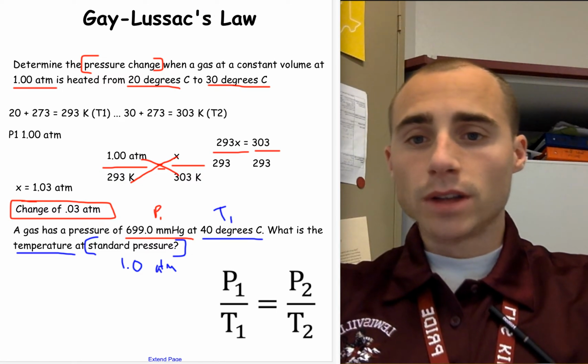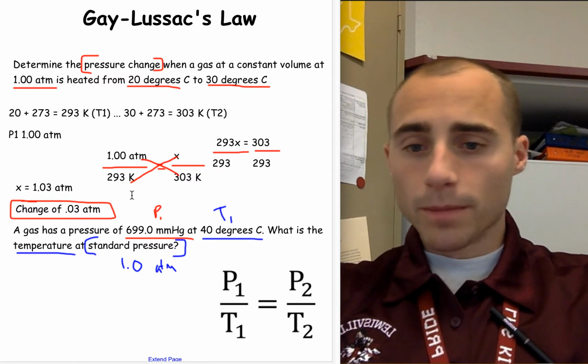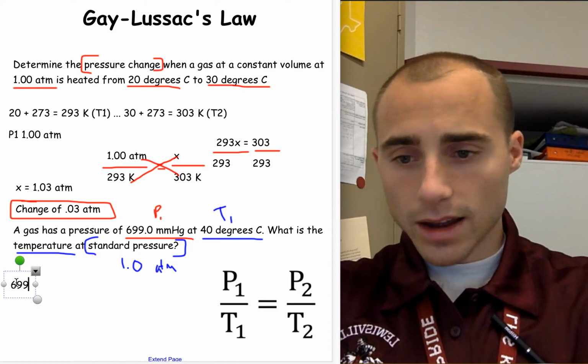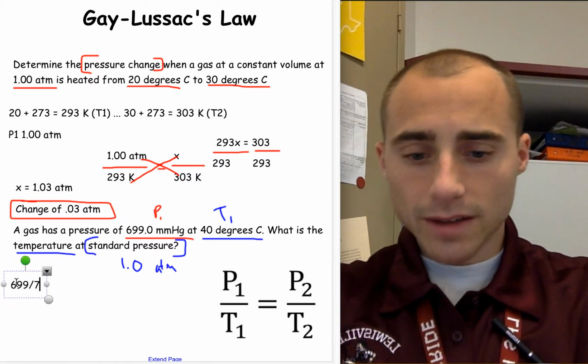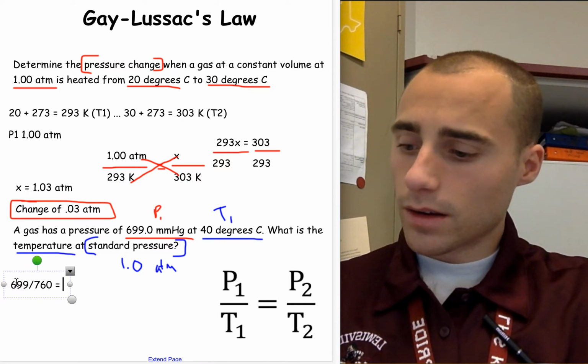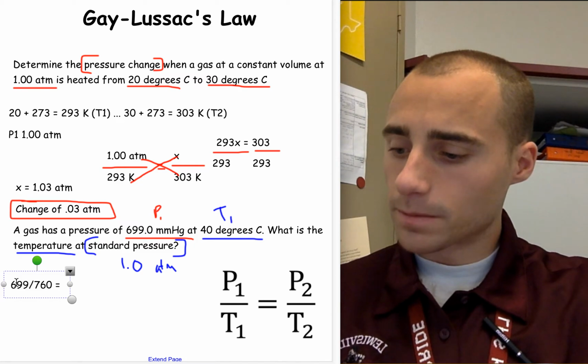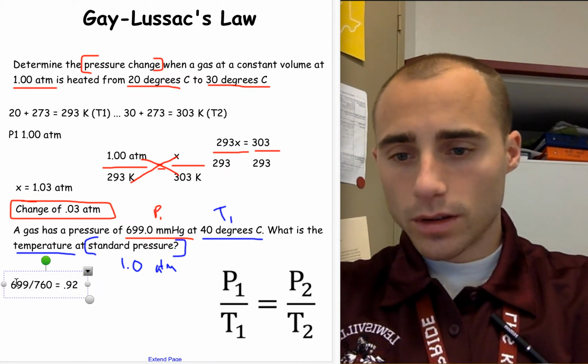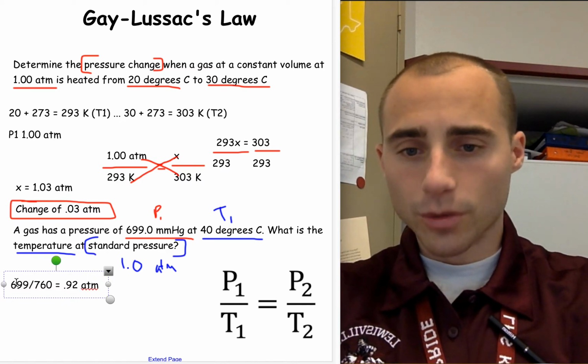No, we are not. If you remember to convert from millimeters Hg into atm, you simply do 699 divided by 760, and that is going to get you 0.92 atm for our pressure 1.